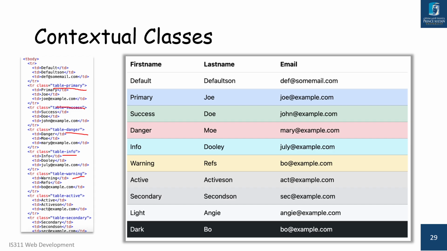Then only one cell will have the background color, not the whole row. If you want the whole row, where every column in the same row has the same background, then apply the background on the row. But if only one cell should have the background color, then you can apply a class like table-primary or table-danger on a specific cell as well.